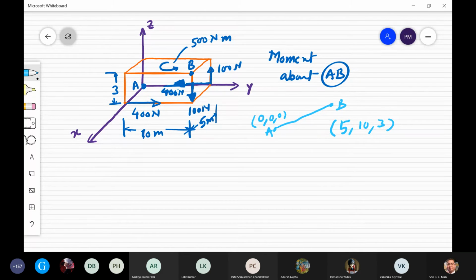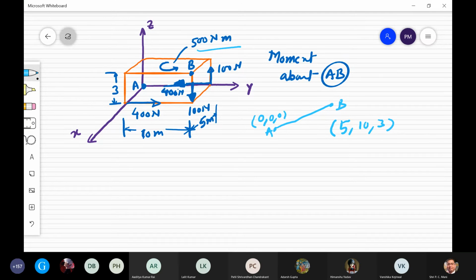Just try to find out the moment about the AB line. There are couples actually. This one is 500 Newton meter.